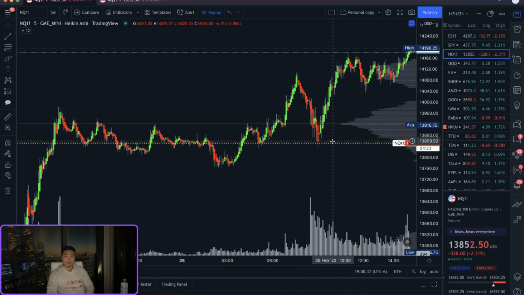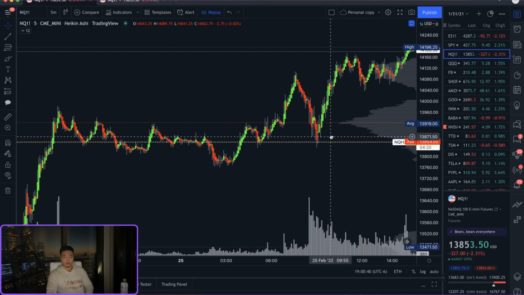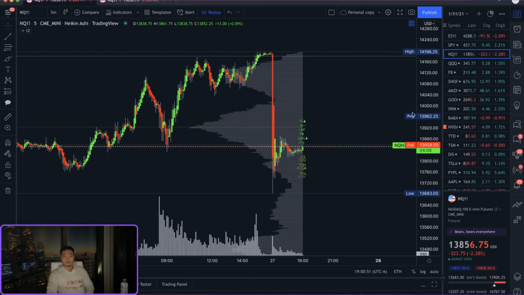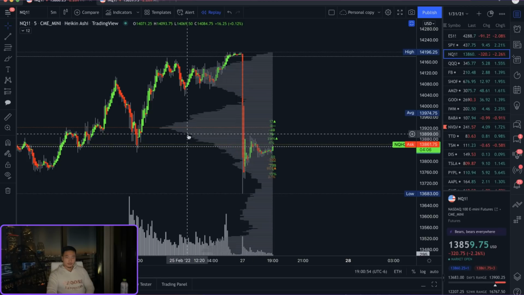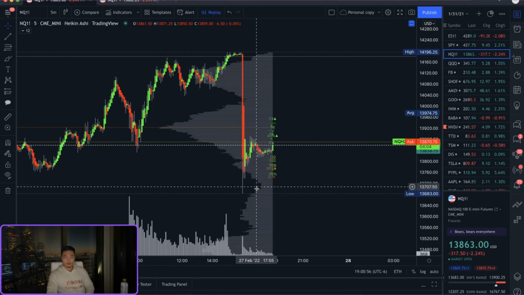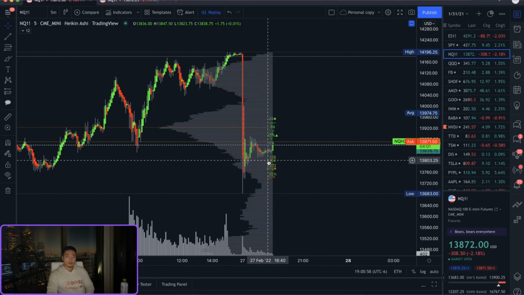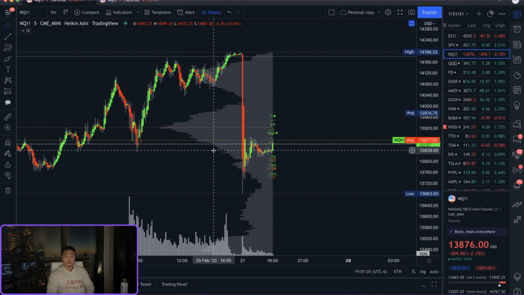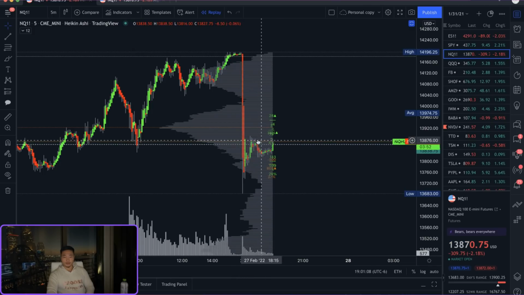And I always use the body to have a good measure of price. So for that, it's 13,856 on Nasdaq. Now, if we go back here to today, the drop below to 13,680, and you can see that we are seeing a resistance right here. The past support level will become the new resistance right here.